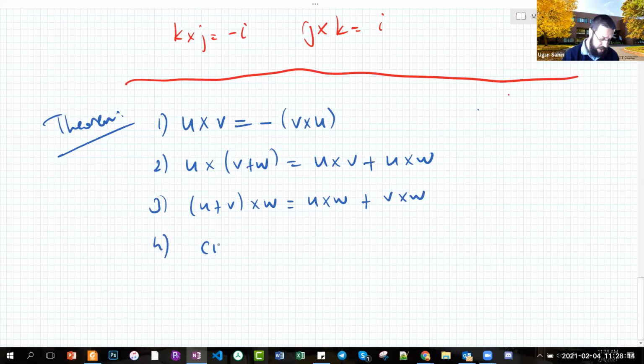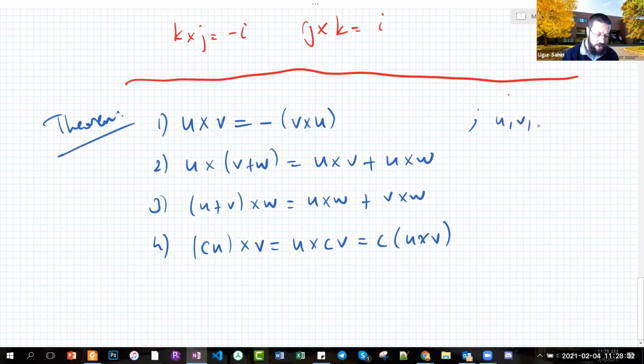And also you can move around the constant, or you can ignore it at the beginning and then multiply it later. So here U, V, and W are vectors, but C is a constant, guys.